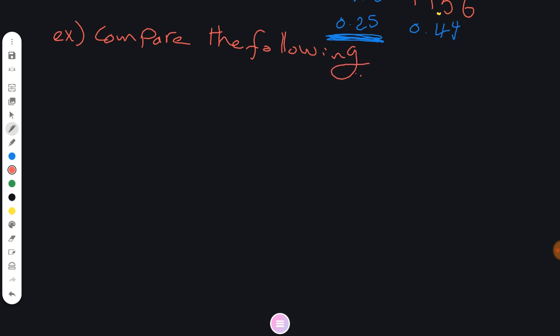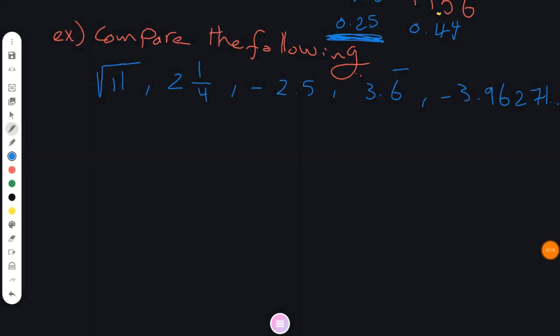This is the example. I want to compare these five numbers, from smallest to greatest.